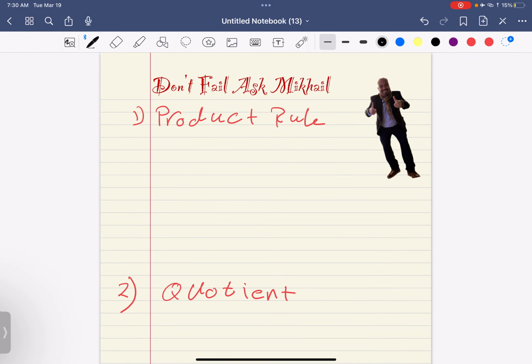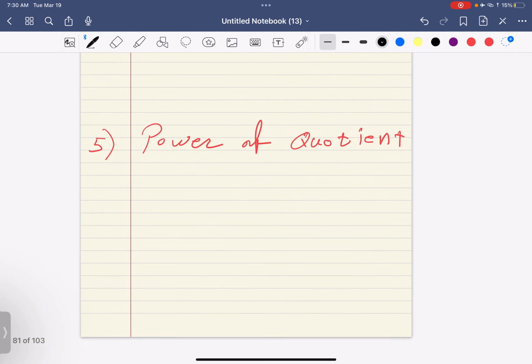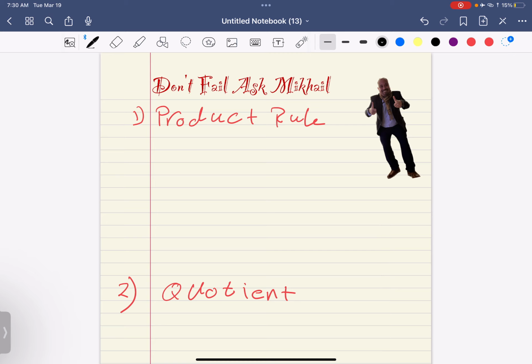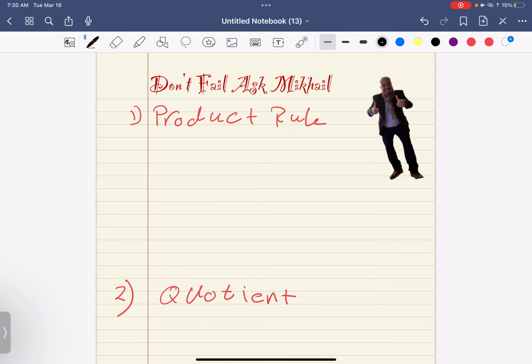Exponent rules, altogether we have 7 rules. The first one is called the product rule. The product rule means if I have x to the a times x to the b, that will equal, if I have the same base, the base is x, the rule says I just add the two exponents, so the answer is going to be x to the a plus b.